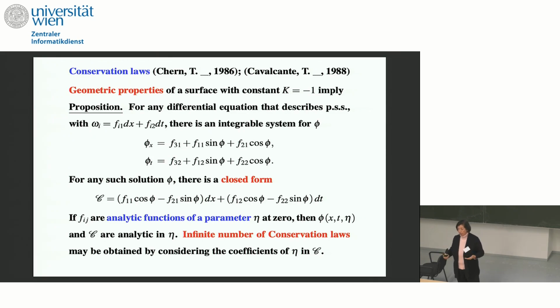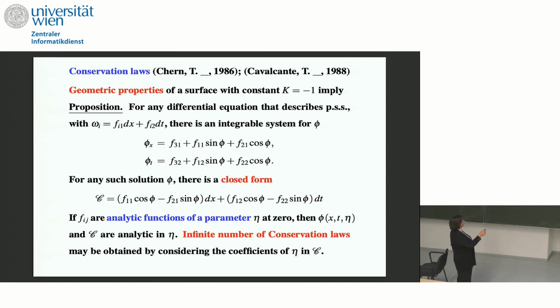So the dual frame will be E1, E2. Now, in order to get the special frames of geodesics and horocycles, I have to make a change with an angle, because it was orthonormal and now I have a new orthonormal frame. And this is an angle that is given by this system here.